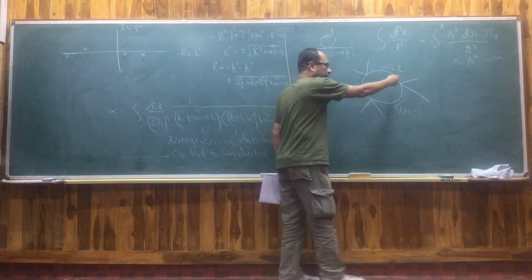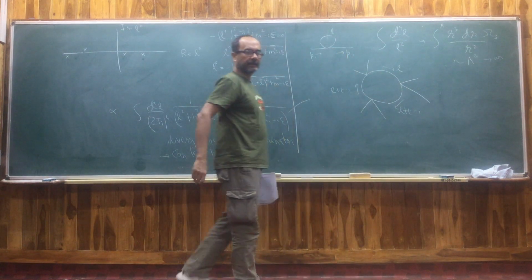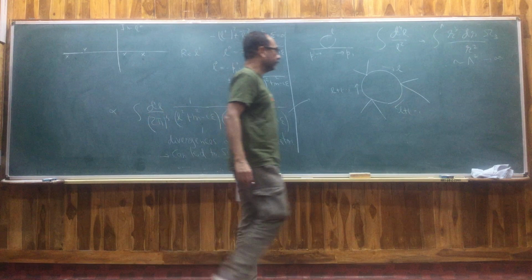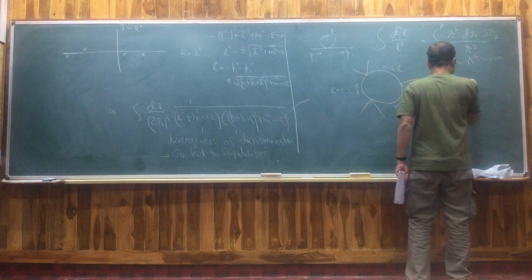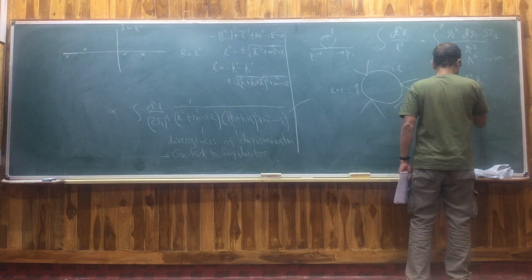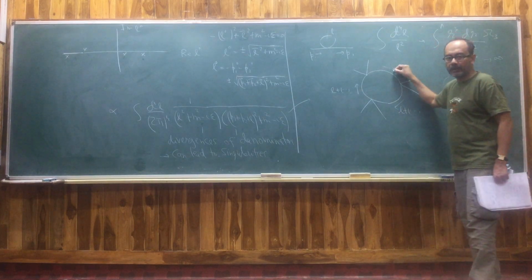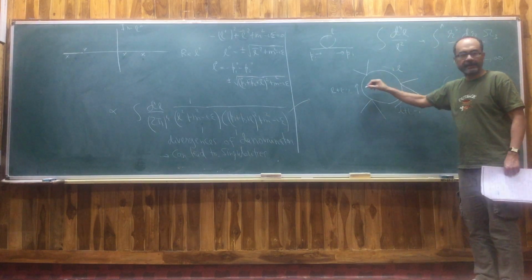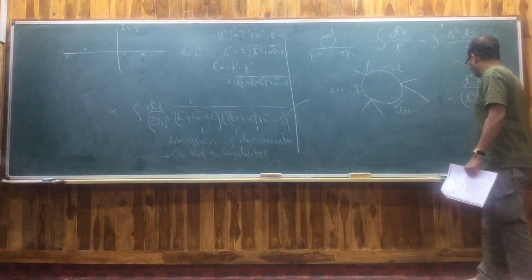The something is whatever momentum is entering from here. But if you look at the large L limit, then this goes as d4L over L square cube. Right? Because this is giving an L square in the denominator, this is giving an L square, this is giving an L square. So this is finite, right?